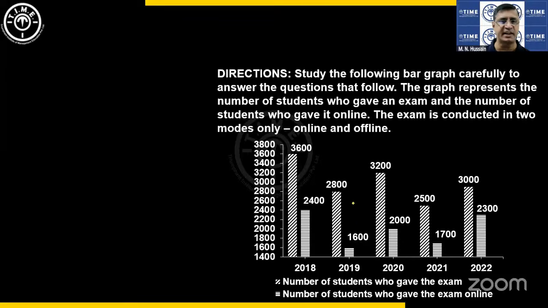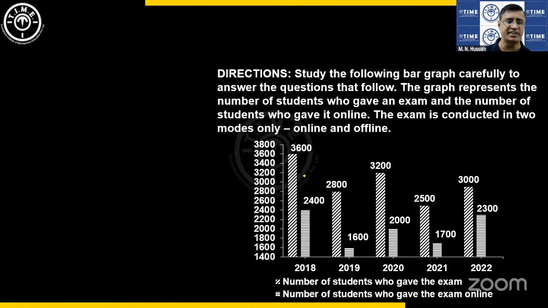The graph represents the number of students who gave an exam and the number of students who gave it online. The exam is conducted in 2 modes only, online and offline. The number of students who gave the exam and the number of students who gave the exam online.